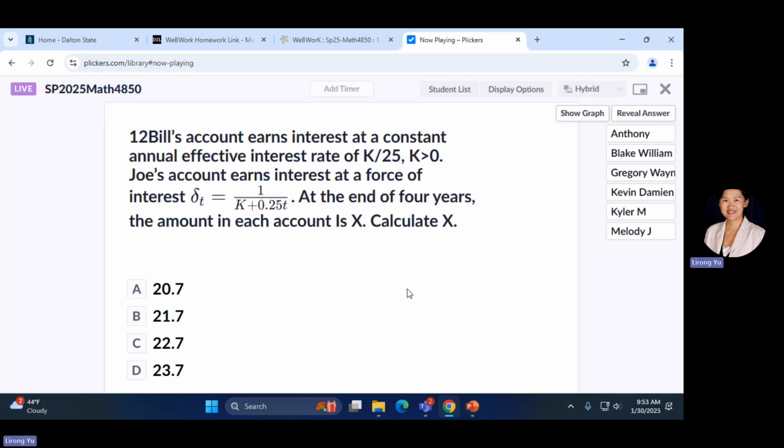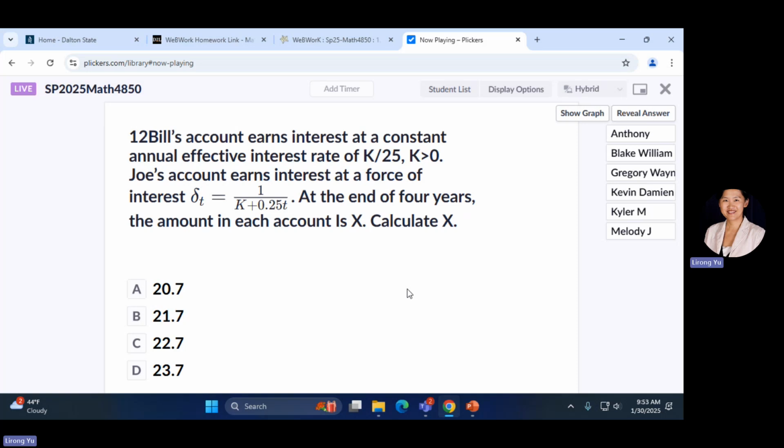So that's the integration value. This is a natural log, so it's the natural log of K plus 0.25 t over K to the power 4, because subtraction in the natural log is division inside the natural log. That will be helpful.